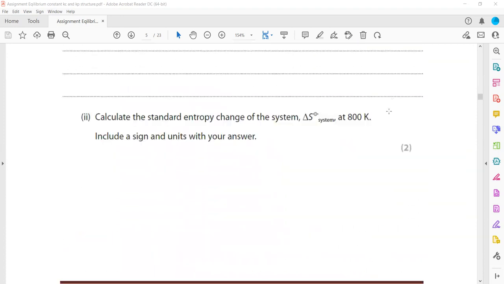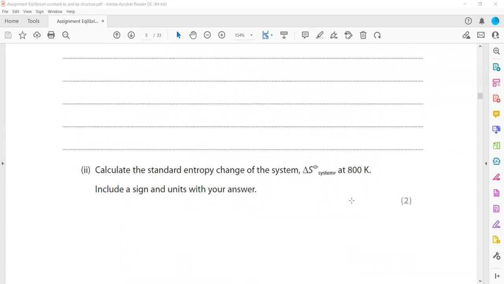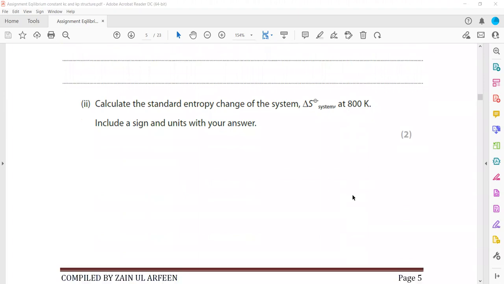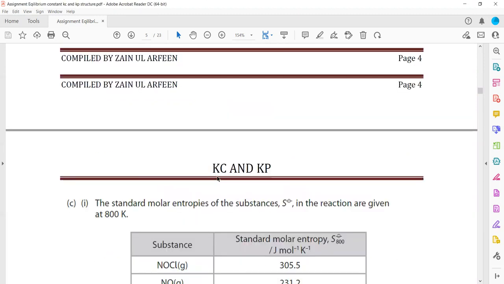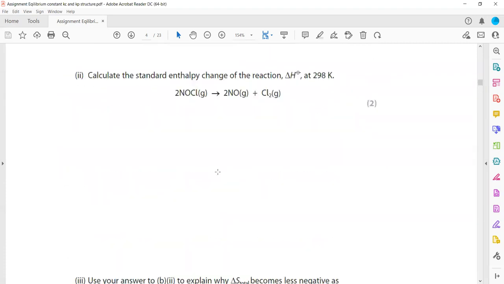Then calculate the standard entropy change of the system. So how to work it out at 800? We have the formula: entropy change of the system is products minus reactants. This is a continuation of the full question.